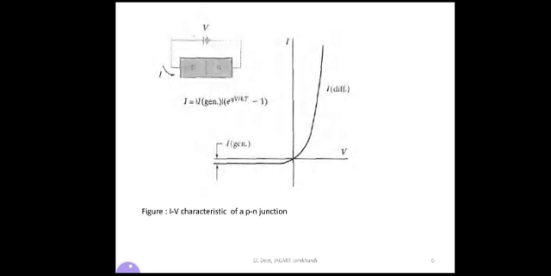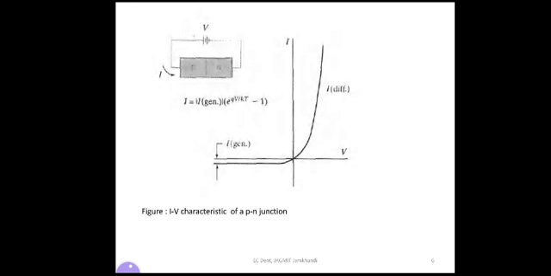The PN junction diode is shown, with P connected to the positive of the battery and N connected to the negative of the battery. So it is forward bias. For reverse biasing, you have to connect the P terminal to the negative of the battery and N to the positive of the battery.